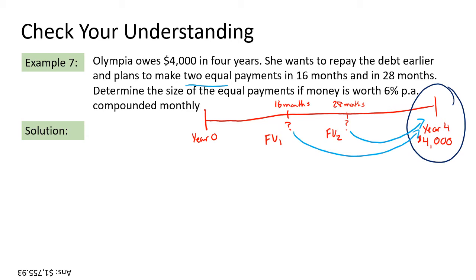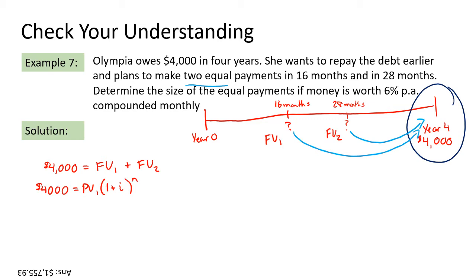So when we look at this, our payment, or our total amount of $4,000 at year number 4, has to be equal to our future value of our first payment, 16 months from now, plus the future value of our second payment, 28 months from now. So if we write this out, the future value formulas, we have $4,000 has to equal present value of that payment multiplied by 1 plus the periodic interest rate raised to the exponent n.